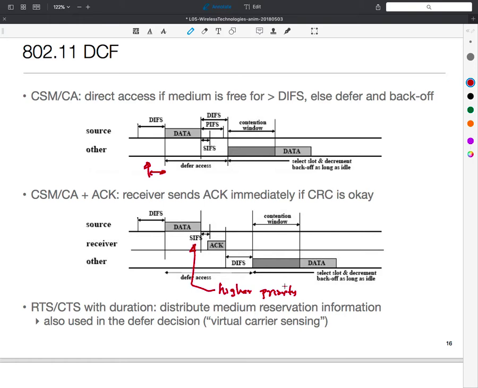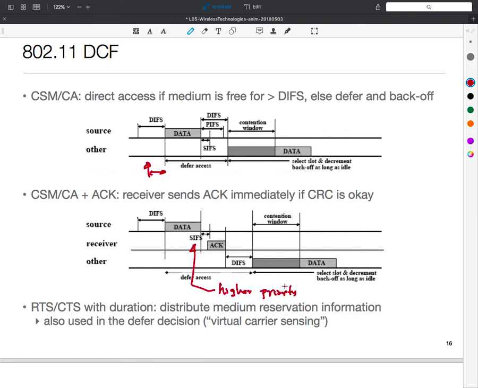Let's say someone on that side wants to send me a packet, and there is also some other node on my back who's also sending me a packet, and they're distant enough that they can transmit to me, but the two themselves are so far apart that they cannot listen to each other.